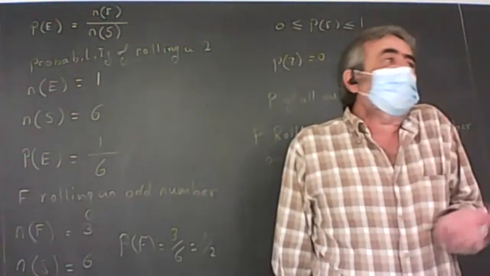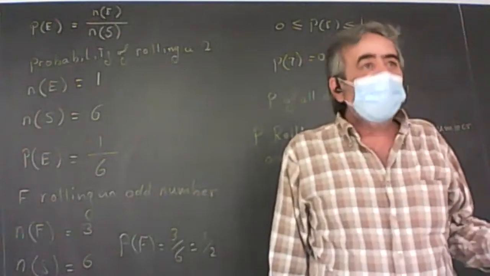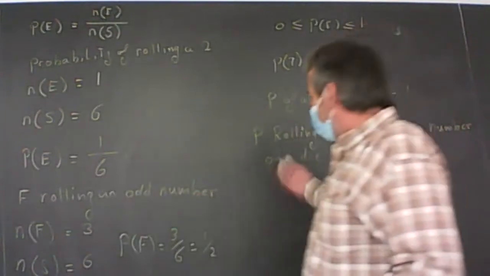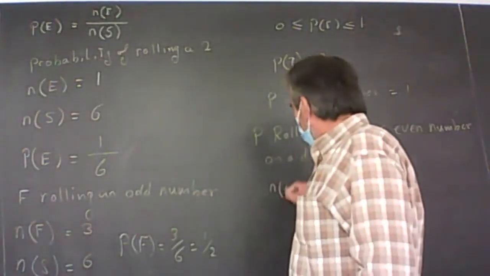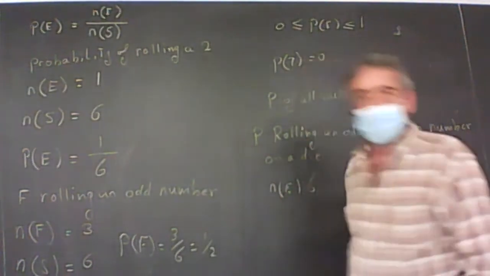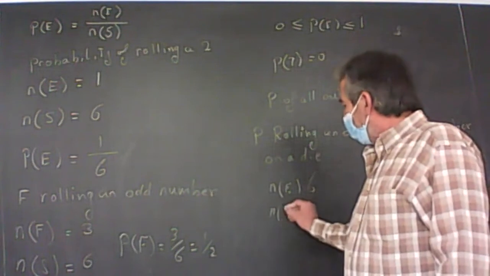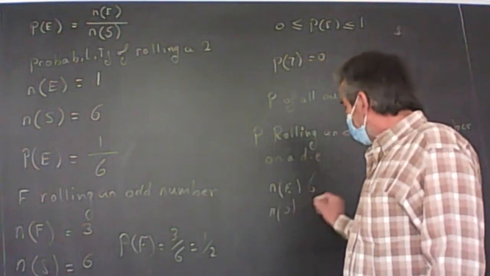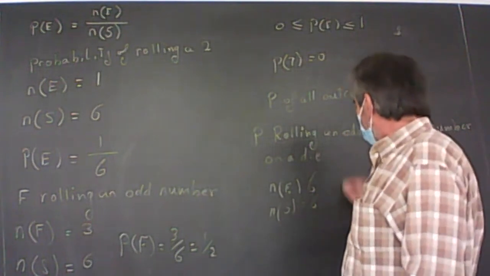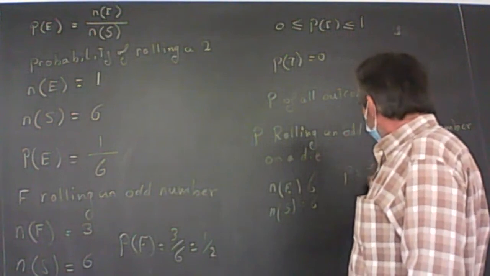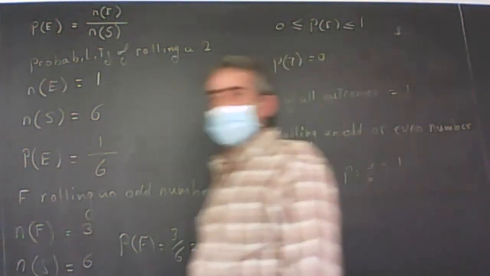Well, we know the die has either odd or even, right? So the number of outcomes would be 6, and the sample space will equal 6. The probability would be 6 over 6 equal to 1. Yes?